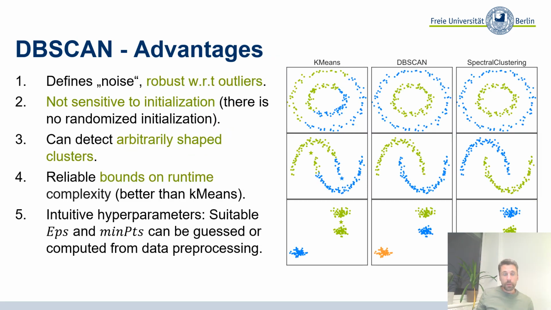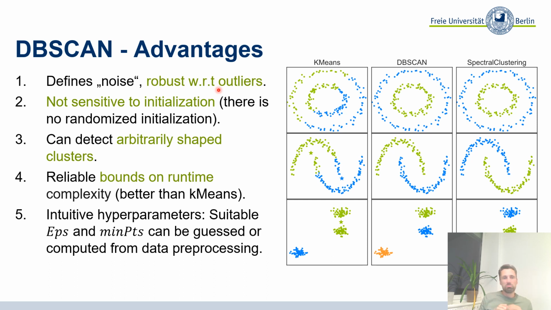So to summarize, we've introduced you to k-means and DBSCAN, and by the way, there are loads and loads of other clustering algorithms that all have their advantages and disadvantages. But comparing those two that we had, DBSCAN defines what noise is.